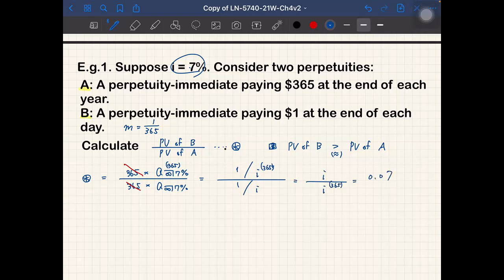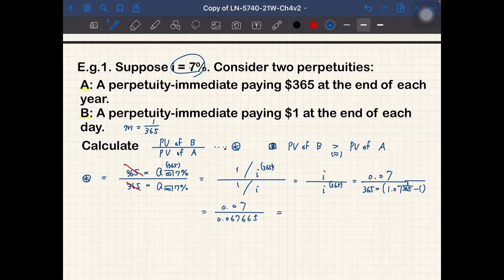What is i superscript 365? This is equal to 365 times 1.07 to the power 1 over 365, minus 1. So the denominator becomes 0.0665.